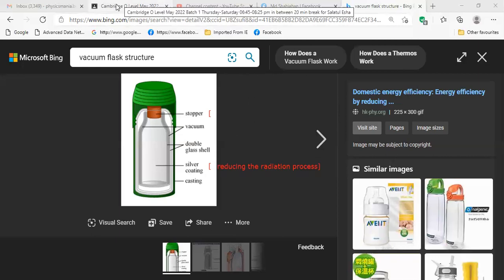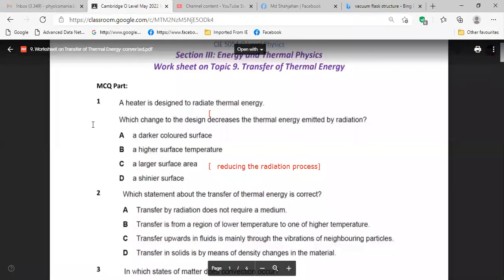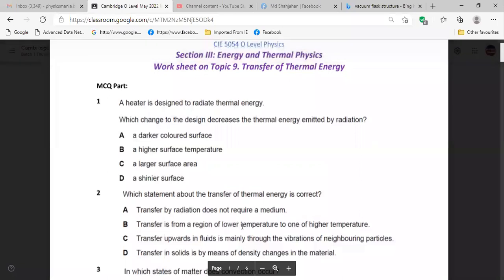Now we have question number one, MCQ. Farabi, could you please read MCQ 1?